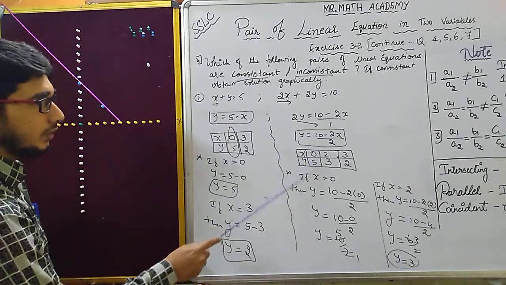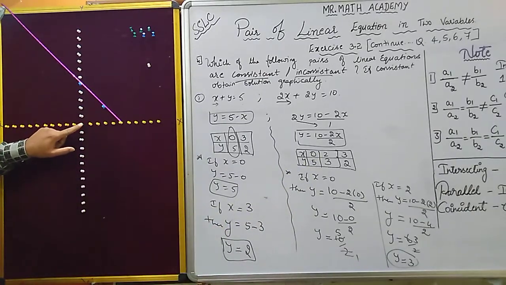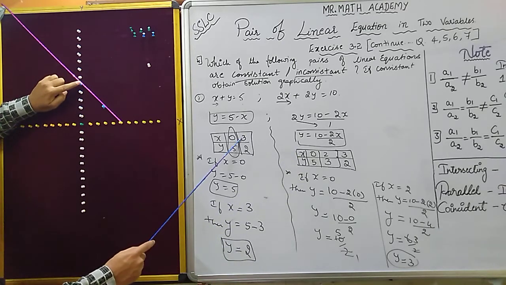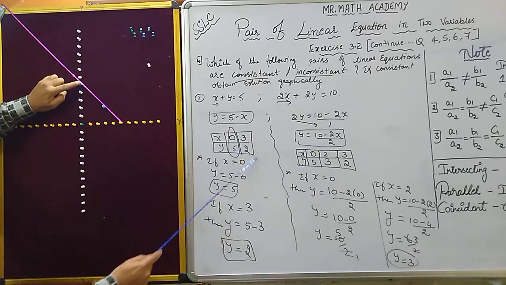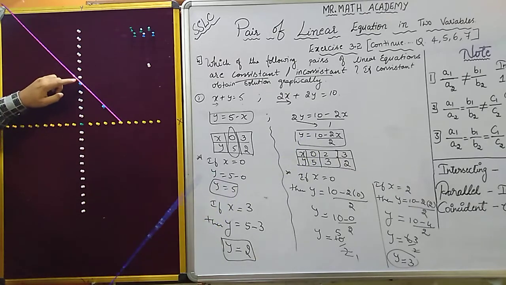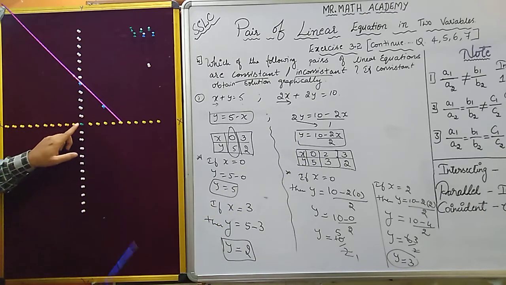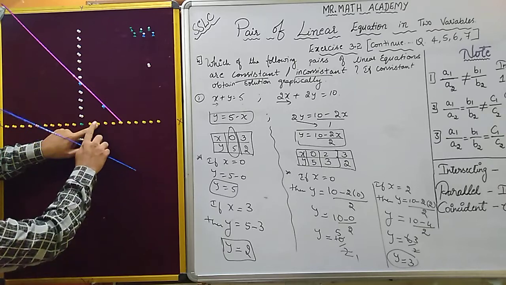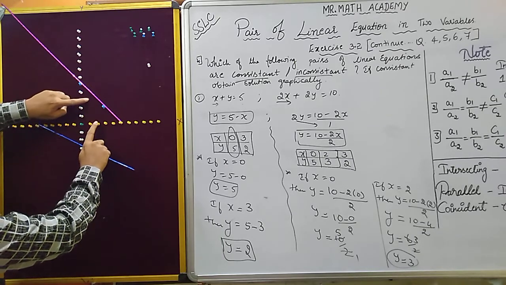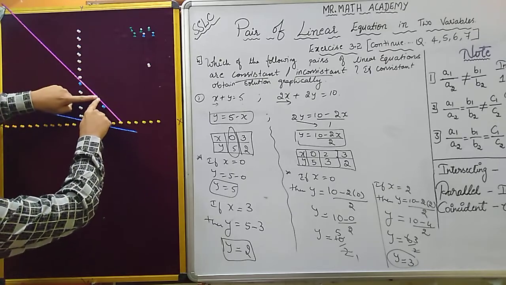If x is 0, y is 5. Same point, ditto. When you get this, see, 0, 5 and 3, 2, one on another it will sit. So for 2, 3: x is 2, y is 3. X is 2: 0, 1, 2. Y is 3: 1, 2, 3. It will come and join on this point here.